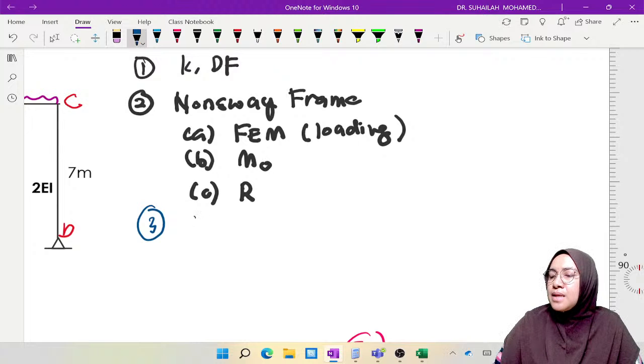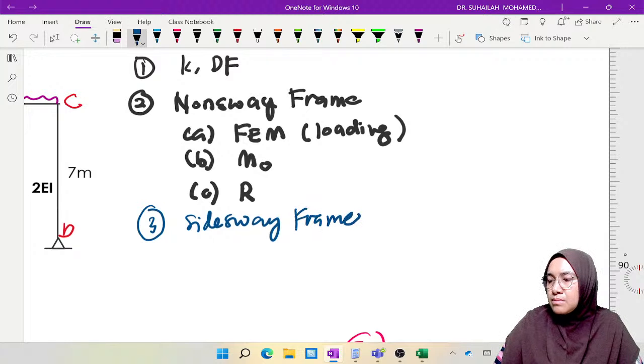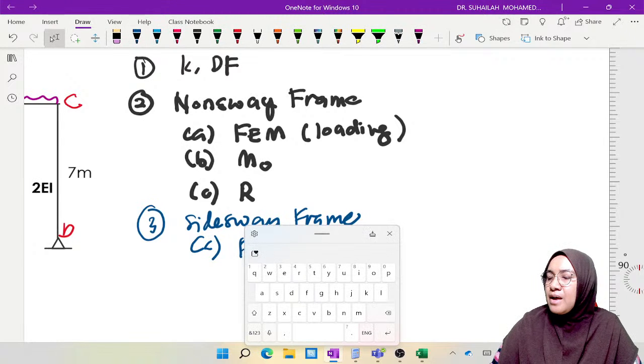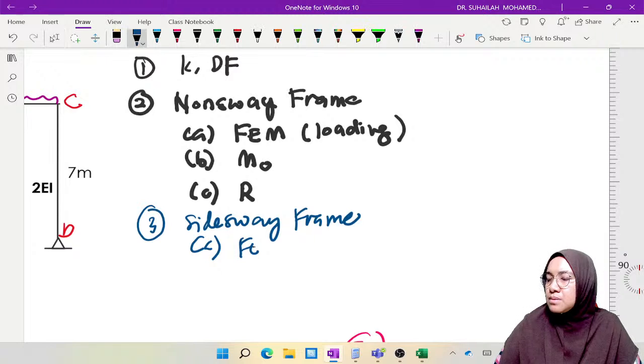Step 3 is side sway frame, where FEM due to delta is based on assumption.